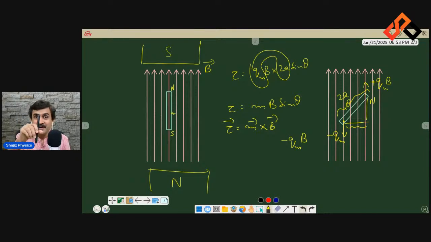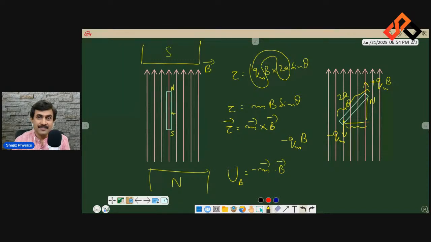But you are doing work against the torque, and that work done by the external agent, here it is you or me, will be stored in the magnetic dipole as its magnetic potential energy. And here also that potential energy UB can be written to be minus m dot B.